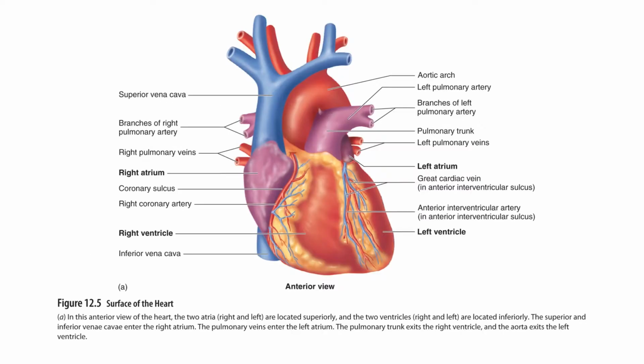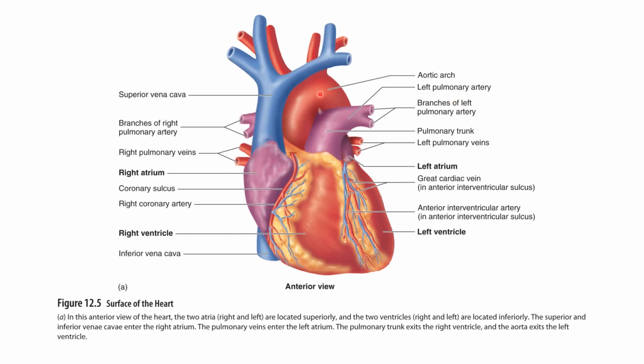So this is the surface of the heart for the anterior view. You would see here that you have your superior vena cava, you have the branches of the pulmonary artery, you have your pulmonary veins, you also have your right atrium, you have your coronary sulcus, you have your right coronary artery here, you have your right ventricle, and then the inferior vena cava.